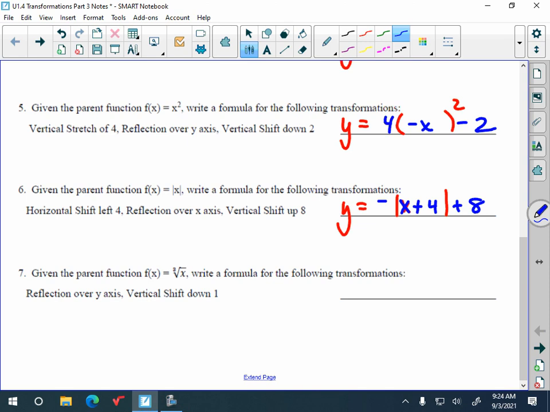All right, 7. Given the parent function cube root x, let's go ahead and write the equation for that. So y equals. We know we're going to have a cube root.